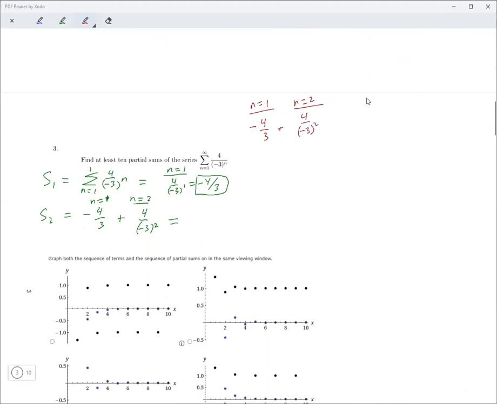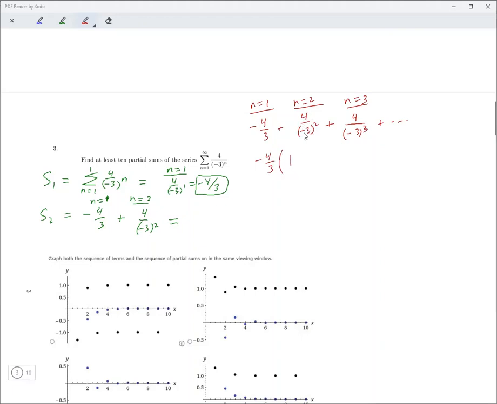And then if I set n equal to 3, I have 4 over negative 3 to the third, and so on. Now, factor out a negative 4/3 from every single term, and I have 1.